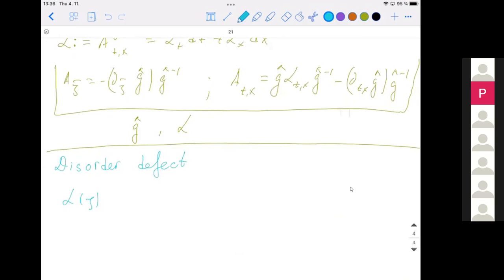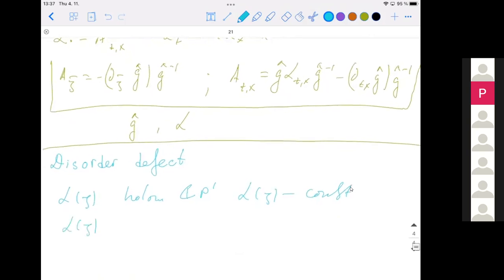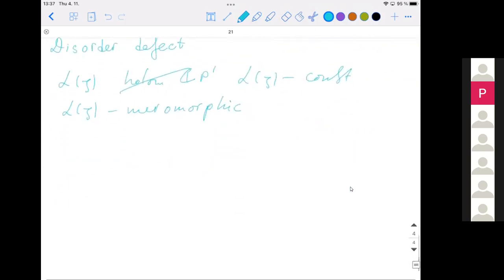If it was holomorphic on CP1, then L_z could be set as a constant because the dependence on zeta is arbitrary, but we don't want that. So let's say that L_z is meromorphic with some poles.